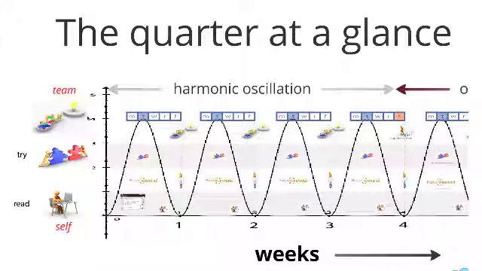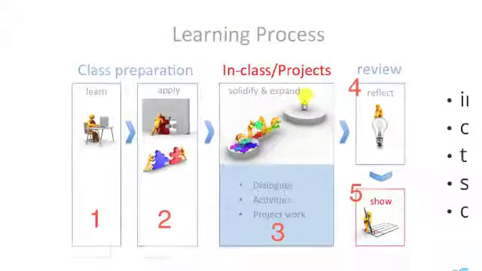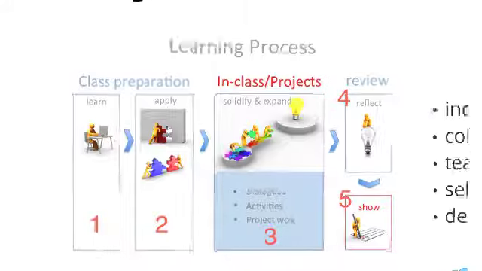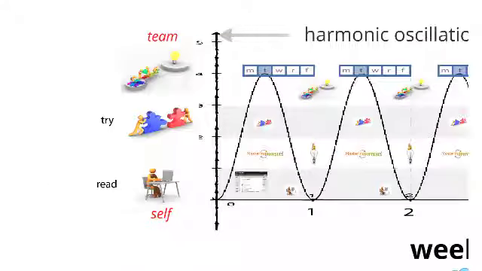This is in class up here, and this is on your own down here, and this may be self-organized in the middle. There's a cycle that you will likely go through each week in order to master the physics. How does this relate to the learning process we had set up? Learn on your own, apply the material in class, work in these activities, reflect, and then demonstrate your knowledge. Let's go back here and look at this in detail.